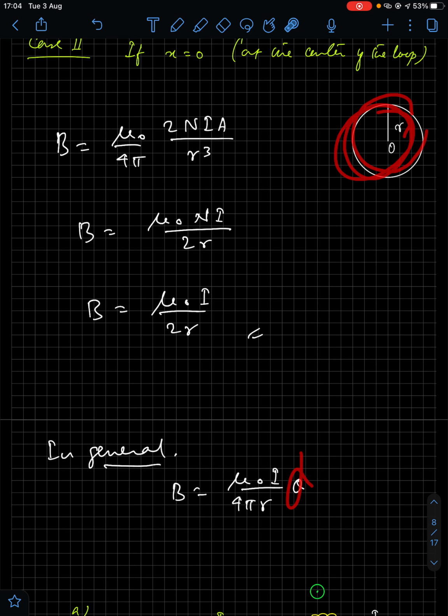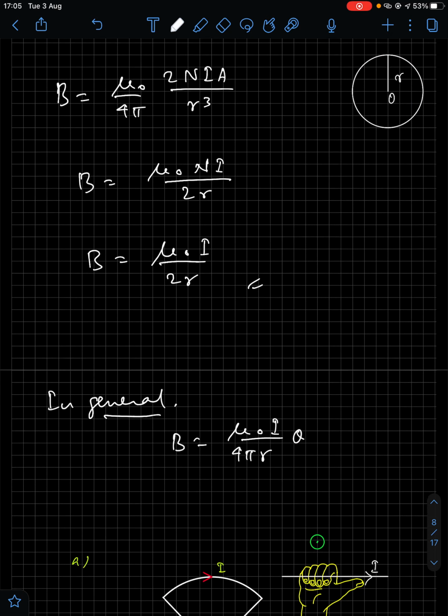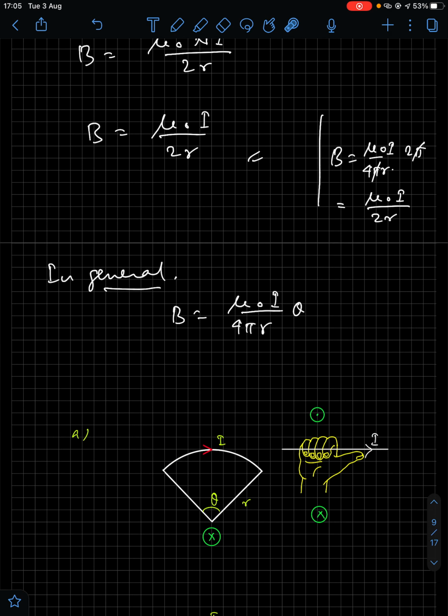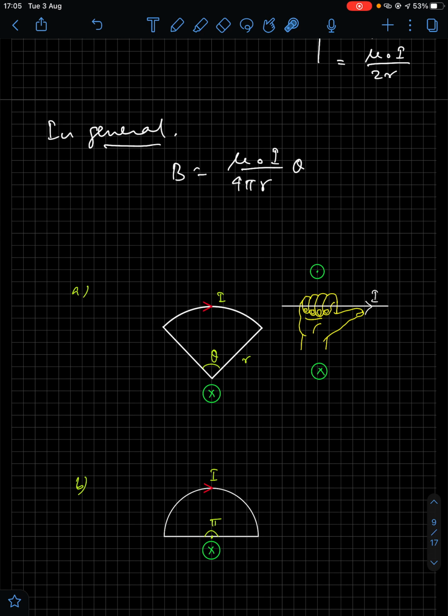Theta in case of a complete 1 turn loop will be 2 pi. If you check that, mu naught I by 4 pi R into 2 pi, pi cancels, then you are getting mu naught I by 2R, which is this relation. So this is the general relation for magnetic field at the center of a loop or arc also. It will apply in case of arc also.